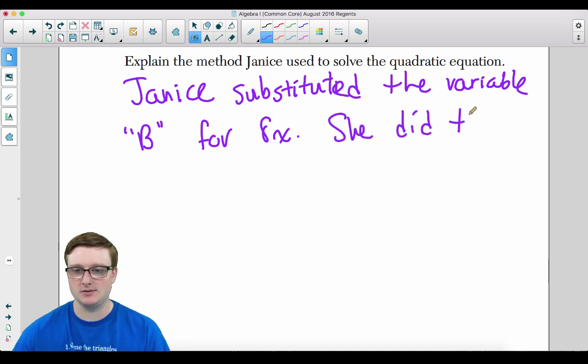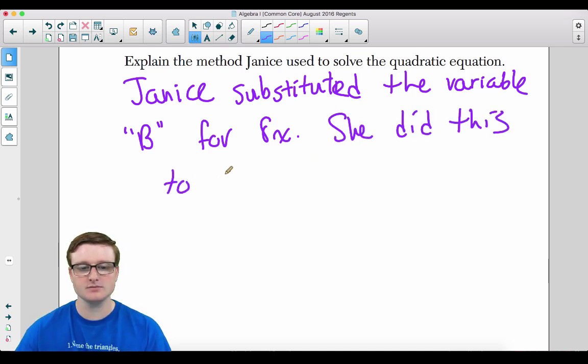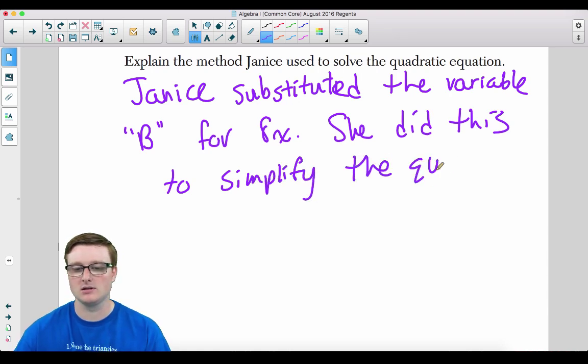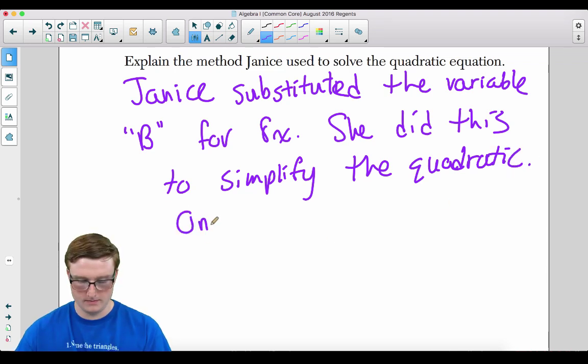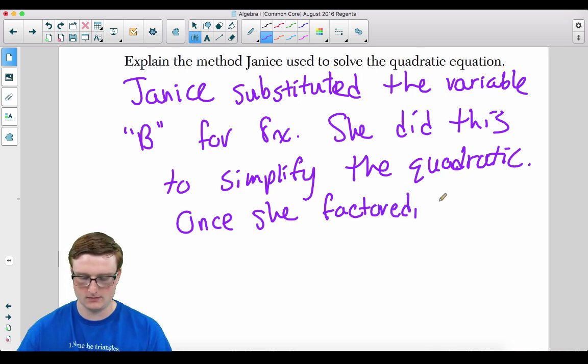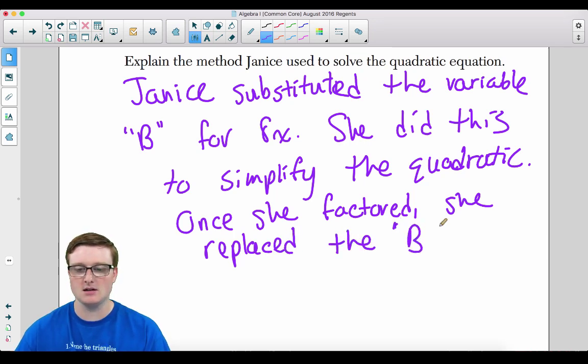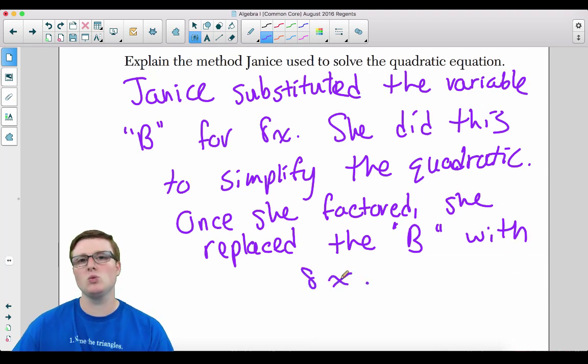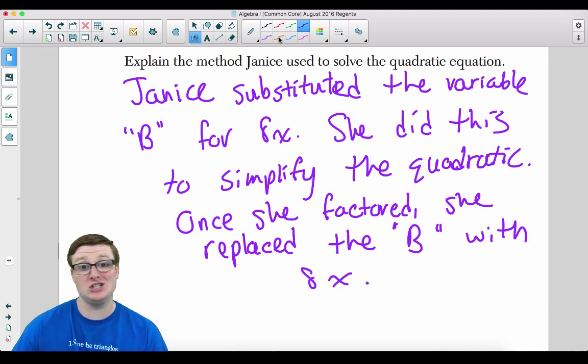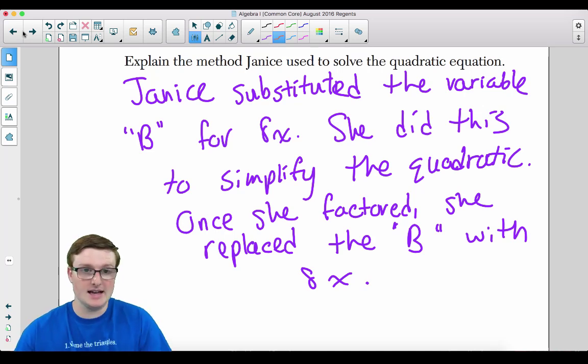She did this to simplify the quadratic. Okay? Once she factored, she replaced the b with 8x. Definitely a weird way to do things in math, but that's what she did. Okay, that's the last of the part 3s.